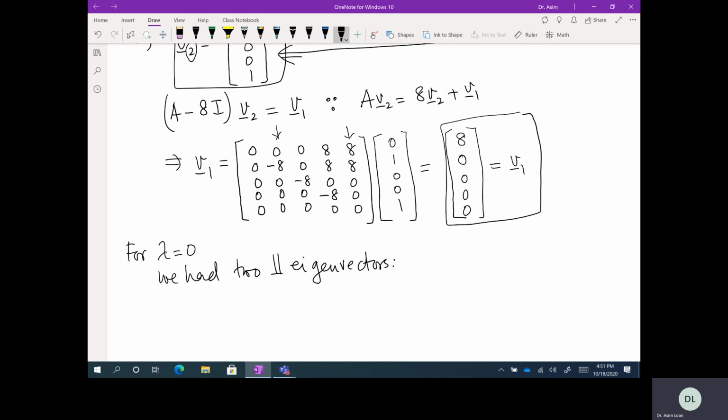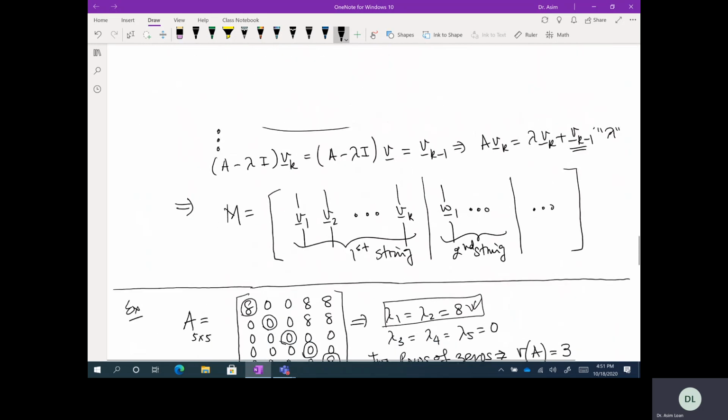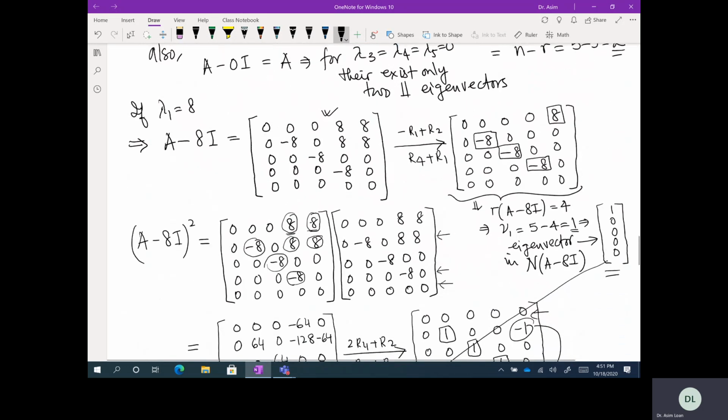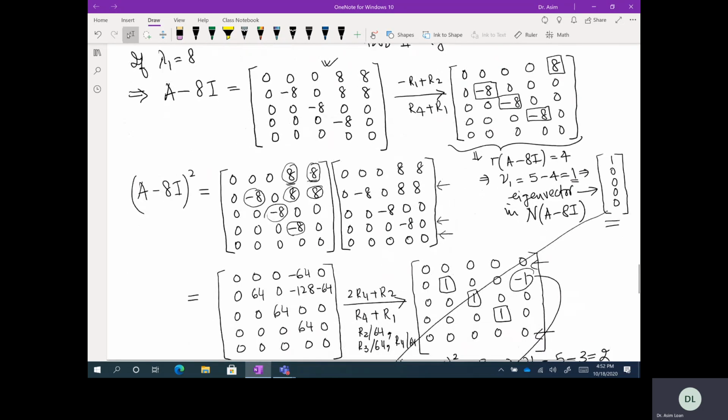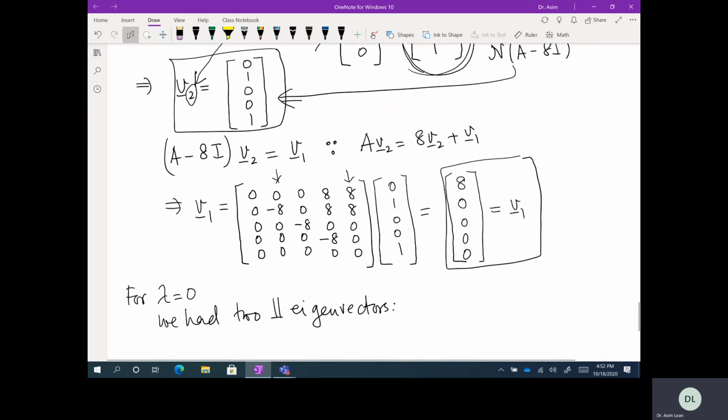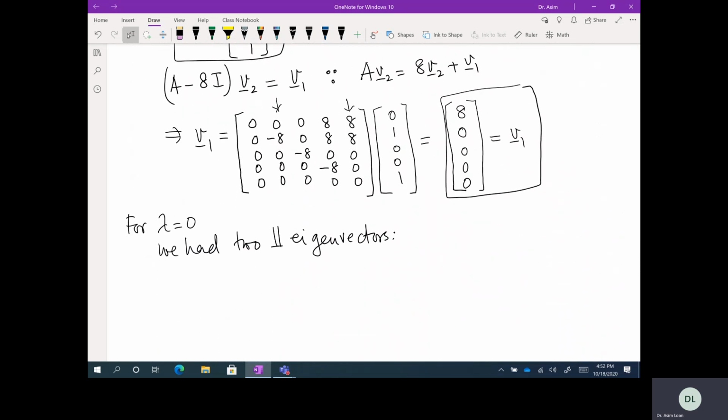If you go back here, these were picking the second column and picking the third column.